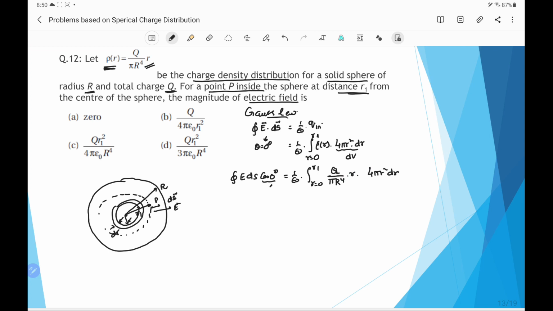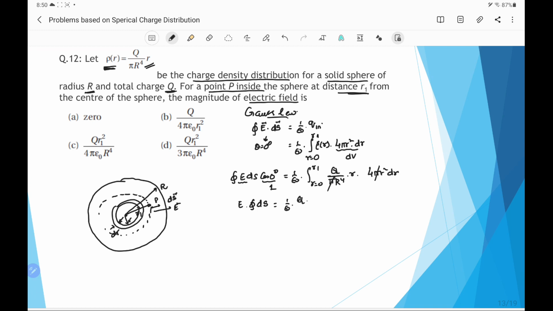This cos 0 is 1, and E, by symmetry, is uniform, having the same magnitude over the Gaussian surface. Therefore, it can be taken out of the integral. So it is E integral ds, equal to 1 by epsilon naught. And from this right hand side integral, we first cancel the terms which can be cancelled out. Pi will be cancelled, and constant terms are taken out of the integral.